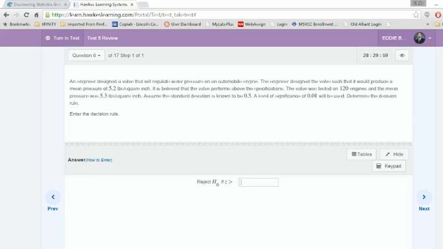It's believed the valve performs above specifications. So above would mean greater than. The valve was tested on 120 engines, and the mean pressure was 5.3 pounds per square inch. Assume the standard deviation is known to be 0.5. That's the standard deviation. You can give us variance, or give a standard deviation. A level of significance of 0.01 will be used.